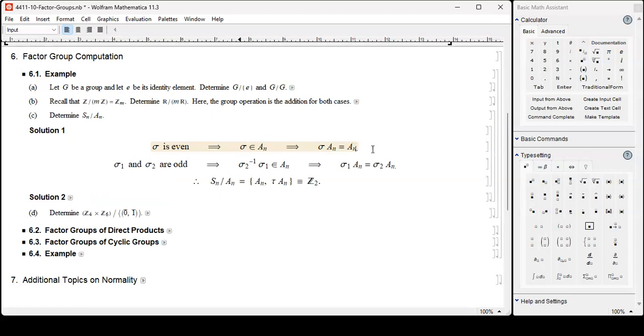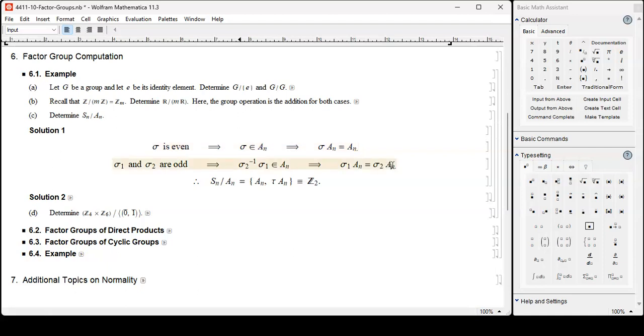An even permutation belongs to the alternating group. If one is even and one is odd, the even permutation already belongs there. If both are odd, then an odd permutation times another odd permutation: multiply all the transpositions from here to there, then you get odd plus odd, so even. So it comes back to even. So even permutations are already in there.